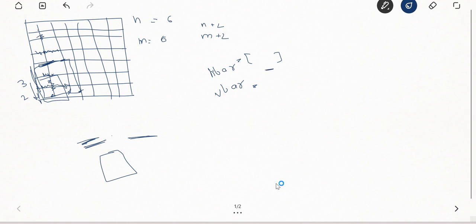Suppose we have the values 1, 2, 4, 5, 6. What is the maximum height we can obtain from this by removing these? If it is 1, 2, 3, 4, 5, 6, 7, 8 and we remove this and this, a width 3, height 3 is the maximum that I can obtain.